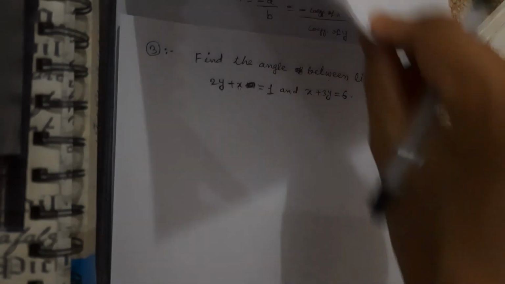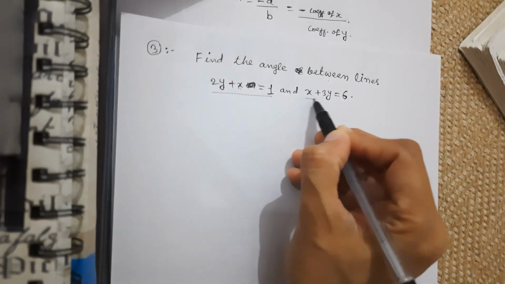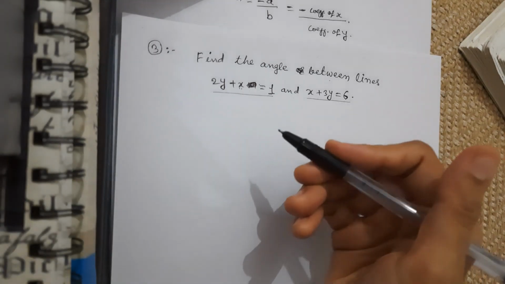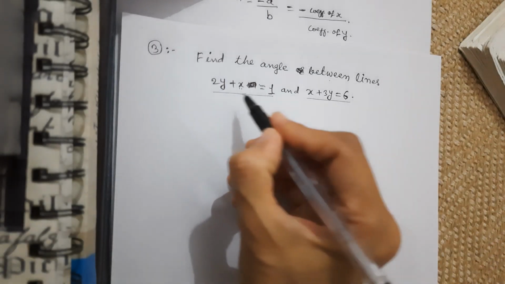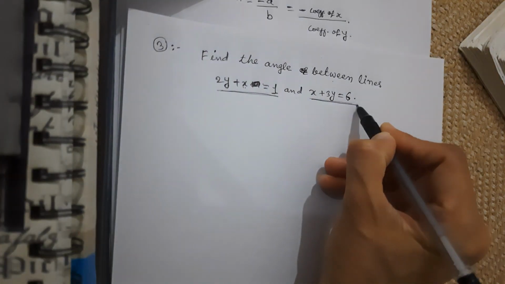So here the equations of two lines are given. Slopes are not given directly. We need to calculate them. So suppose this is the first line L1 and this is the second line L2.